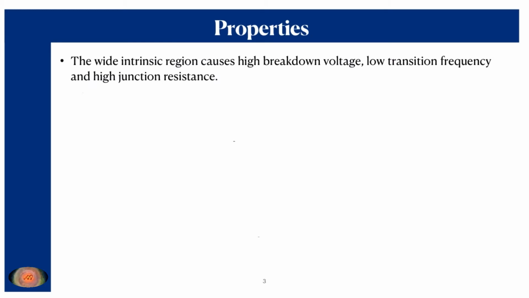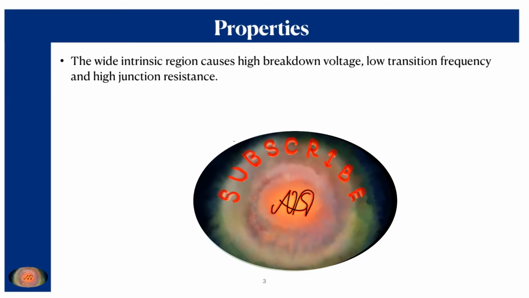Now let's understand a few properties of the pin diode which are associated with the wider intrinsic region. Since the intrinsic region is undoped, the entire depletion region during the application of the reverse bias appears across the intrinsic region, and that causes the high breakdown voltage of the diode.